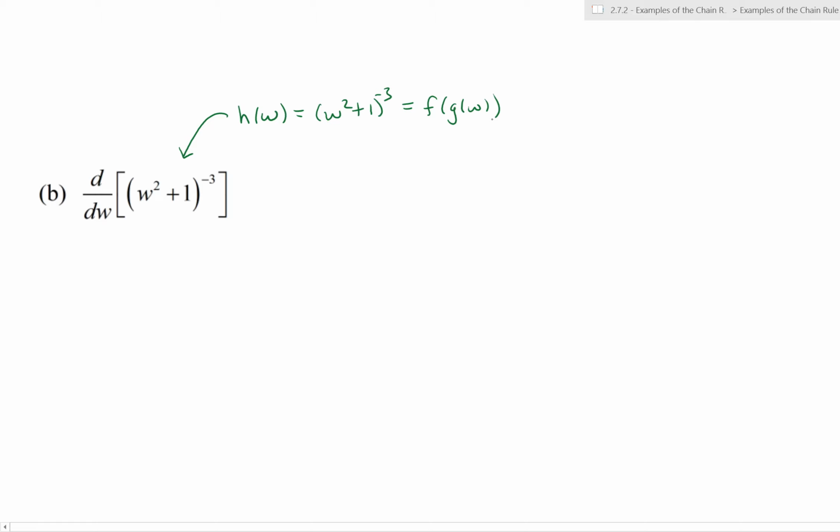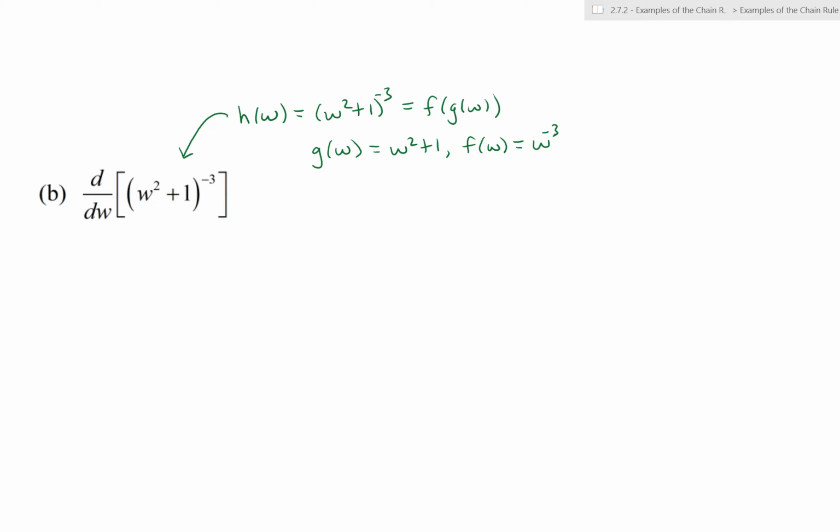Well, again, we have to identify our inner function and our outer function. So notice that g of w would be the inner function w squared plus 1, and f of w would be the outer function, which is w to the negative third power. So if I replace my w in f of w with g of w, w squared plus 1, I get our composite function.